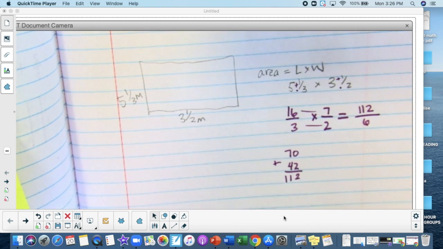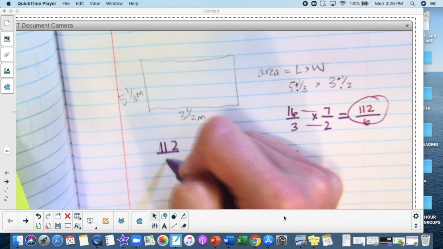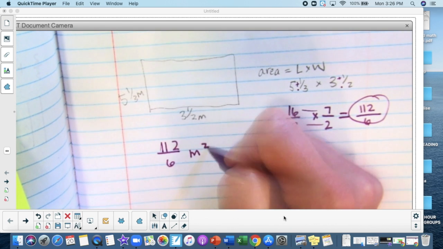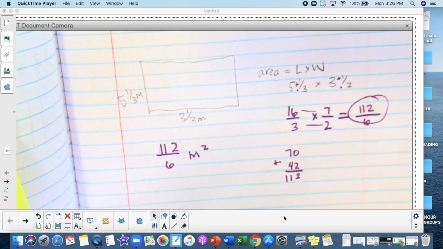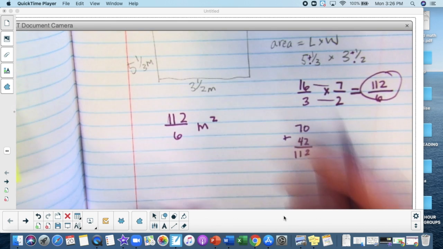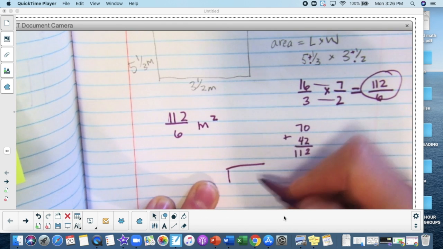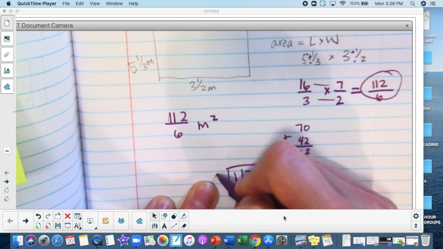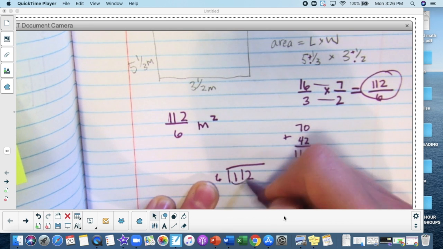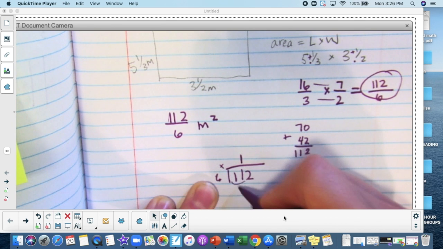So now I can leave this and I can say 112/6 meters squared. I can leave it like that, or I know that this is a fraction greater than 1, and I know that 112/6 is equivalent to 112 divided by 6. Well, 6 goes into 11 one time.